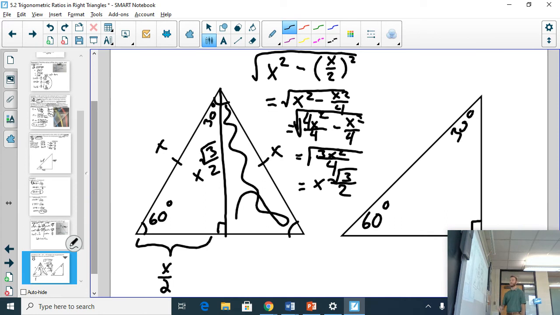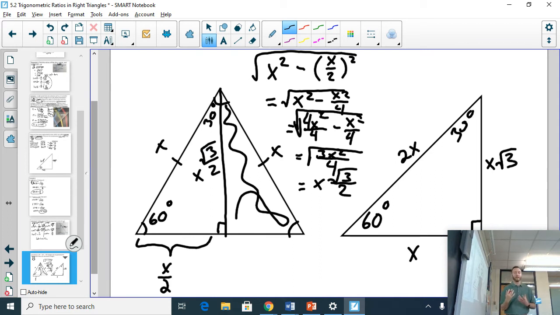So I know the hypotenuse, if I multiply by 2, is going to be 2x. And the side across from 30 degrees is going to be x over 2, which when I multiply by 2 is going to be x. And when I go across from 60, if I multiply by 2, those 2's are going to cancel out, and I'm going to be left with x square root of 3.